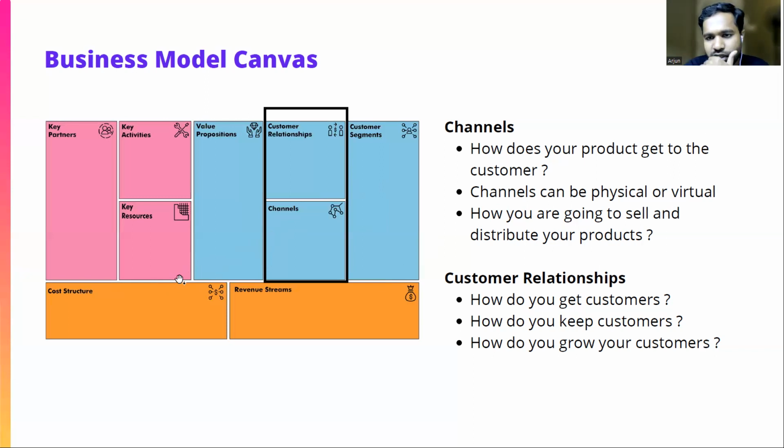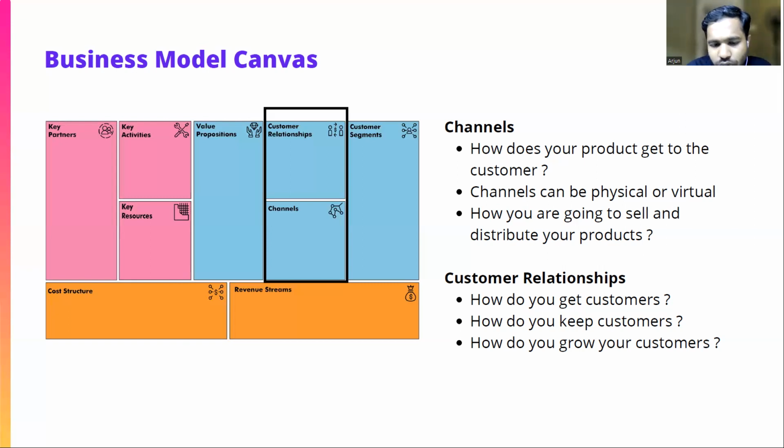If you set up a physical store, then you need to think how much rent you are going to pay for the physical store, and where you are going to set it up, whether it is in a mall, or somewhere inside the city, or somewhere outside of the city. How are you going to be in constant touch with your customer?